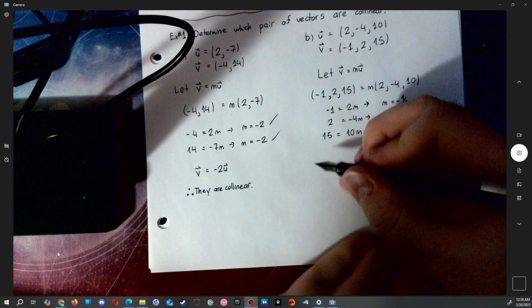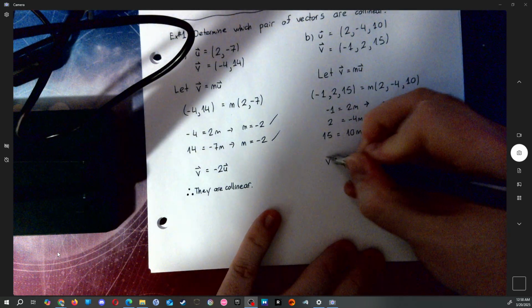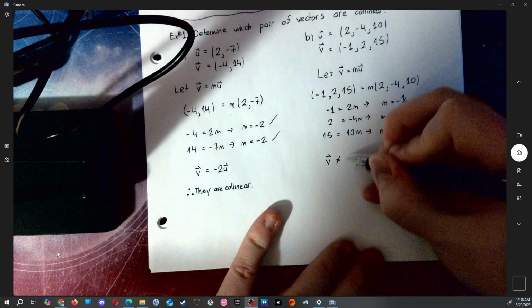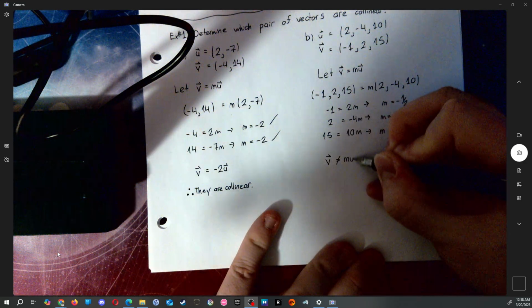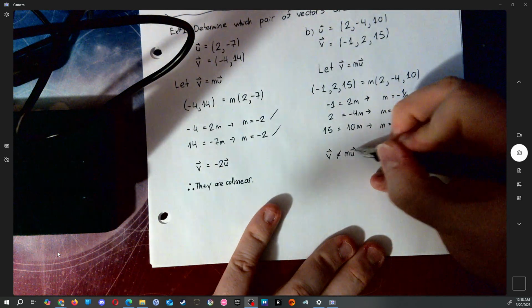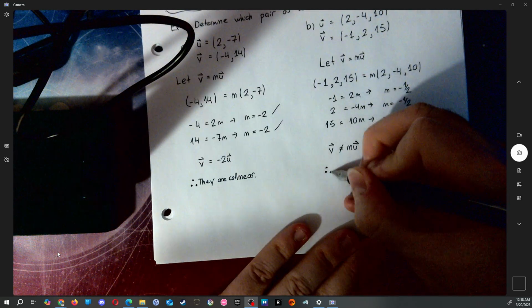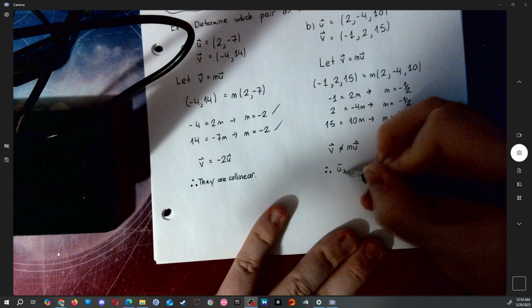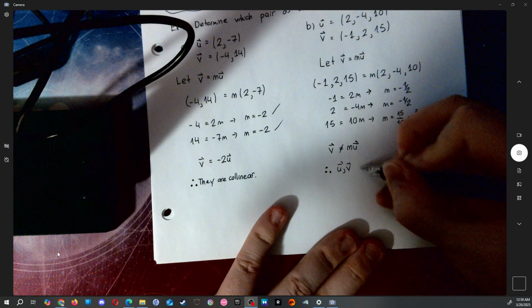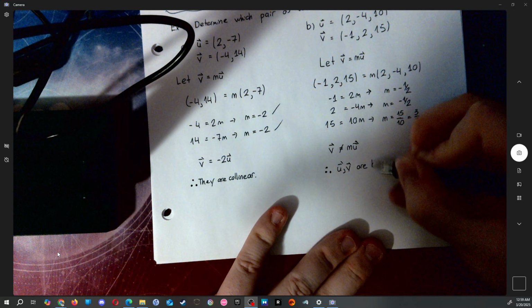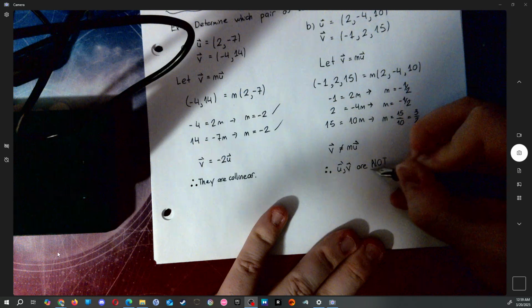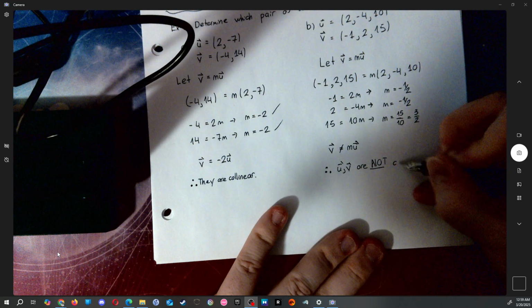It's 3 over 2. So vector v cannot be written as vector u multiplied by some value of m. So therefore, u and v are not, let's do all capitals, NOT collinear.